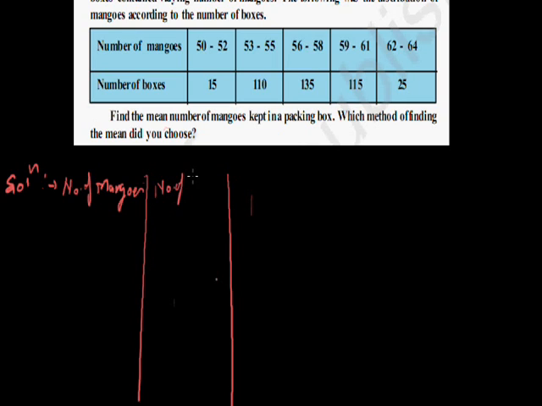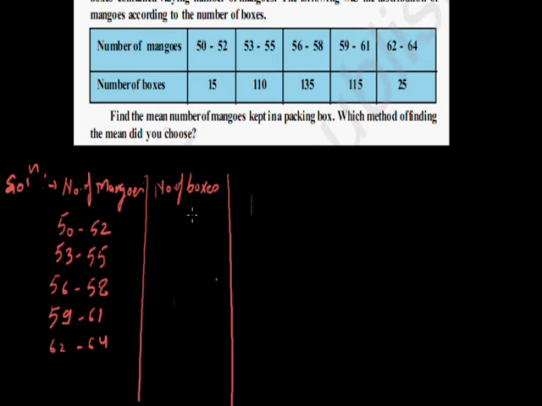The classes given are 50 to 52, 53 to 55, 56 to 58, 59 to 61, 62 to 64. Now the frequencies are 15, 110, 135, 115, and 25.